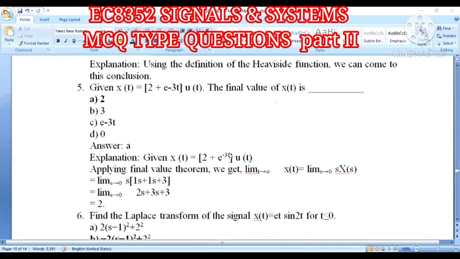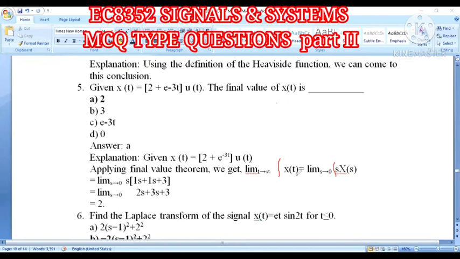X of t will be 2 plus e to the power of minus 3t into u of t. This is the question. Applying the final value theorem, as you know, the limit t tends to infinity of x of t is equal to the limit s tends to 0 of s into x of s.